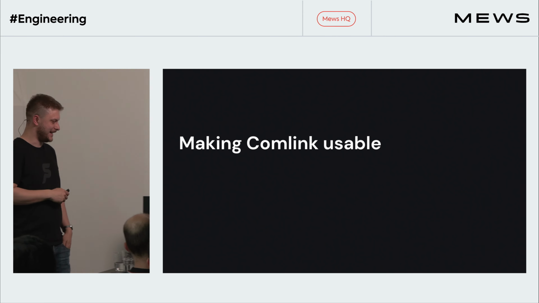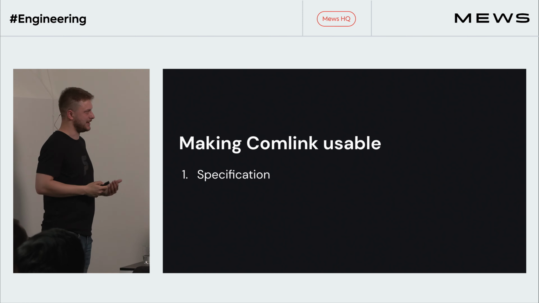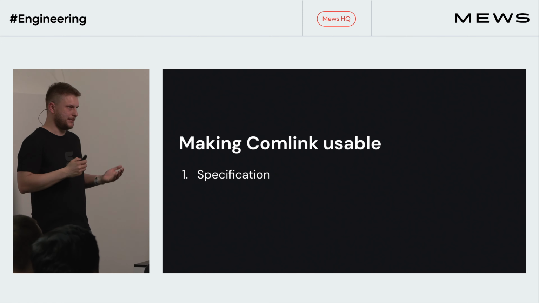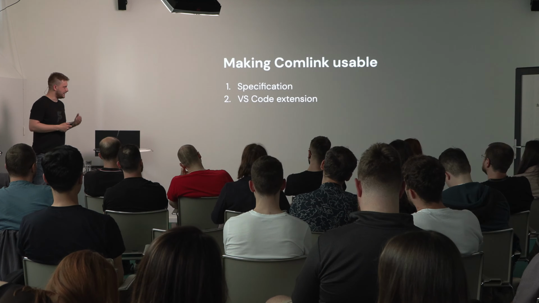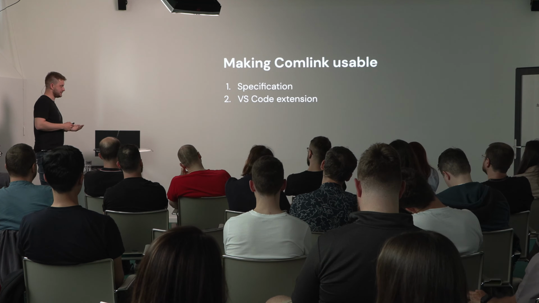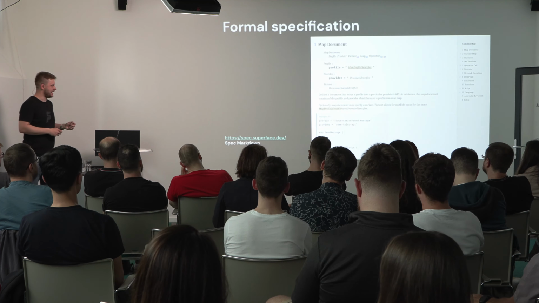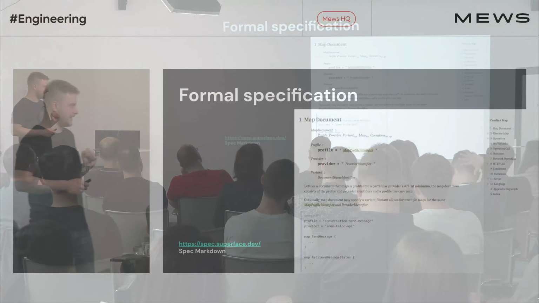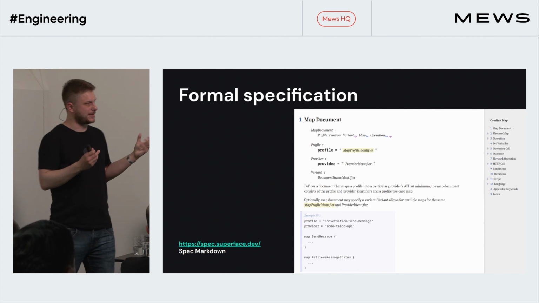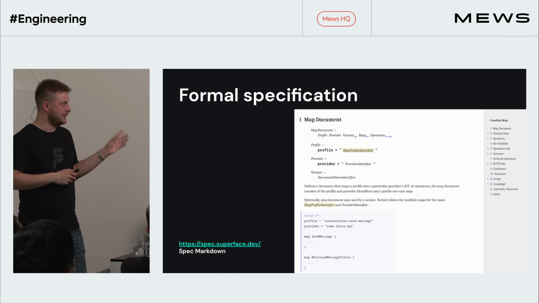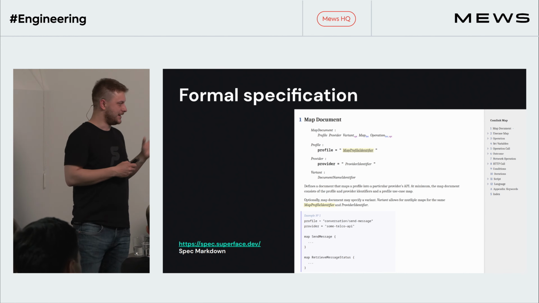So, what have we done to make Comlink usable? Well, we started with a specification as a part of documentation. We have a Visual Studio Code extension, and we have a language server. So let's dive in. For formal specification, what I have learned is that there is a flavor of Markdown called Spec Markdown, which is designed to write formal specifications, for example for languages.